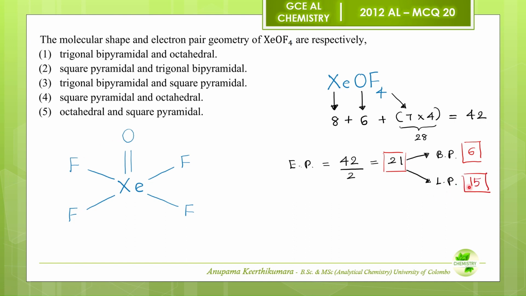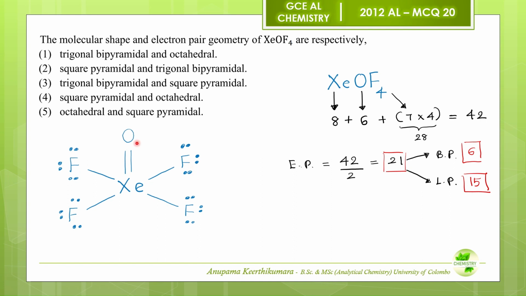Now we will assign these 15 lone pairs around these terminal atoms. Always we have to give an octet to all the fluorine atoms and this oxygen atom. First we will give an octet to the most electronegative element, fluorine. We have assigned 12 lone pairs around these 4 fluorine atoms.